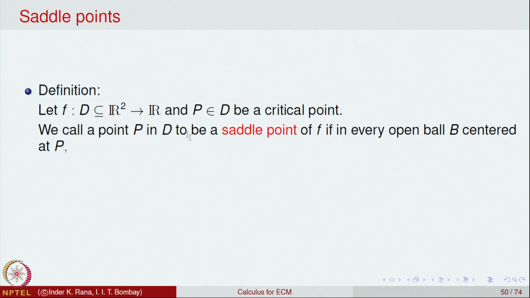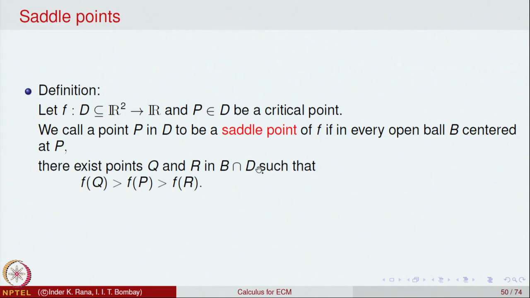We call P a saddle point if for every open ball centered at P, there is a point Q and there is a point R in the ball, of course in the domain, such that the value at Q is bigger than the value at P and the value at R is smaller than the value at P. That means every neighborhood of P has a point where the value is bigger than the value at P and a point R where the value is smaller than the value at P. Such points are called saddle points.